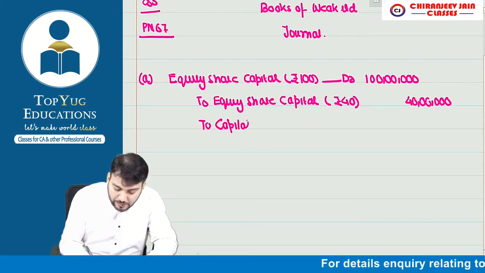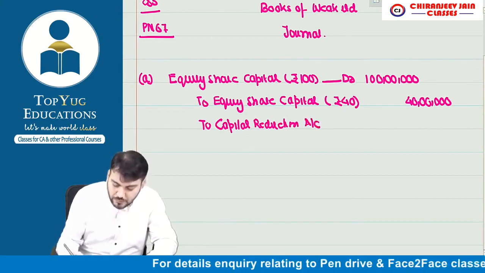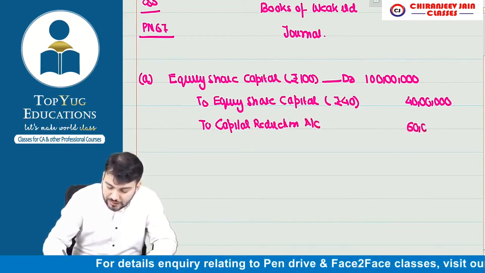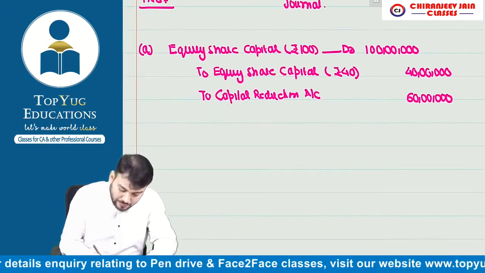The balance will be transferred to capital reduction, that is 60 lakh. Correct?